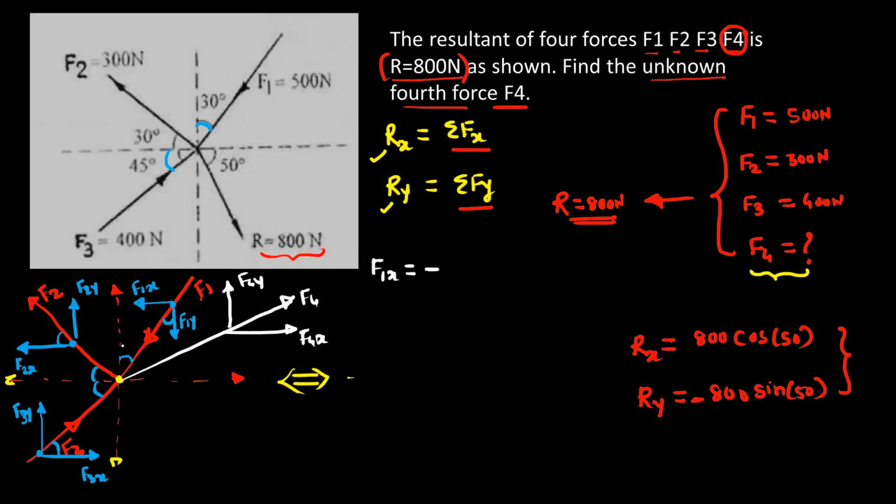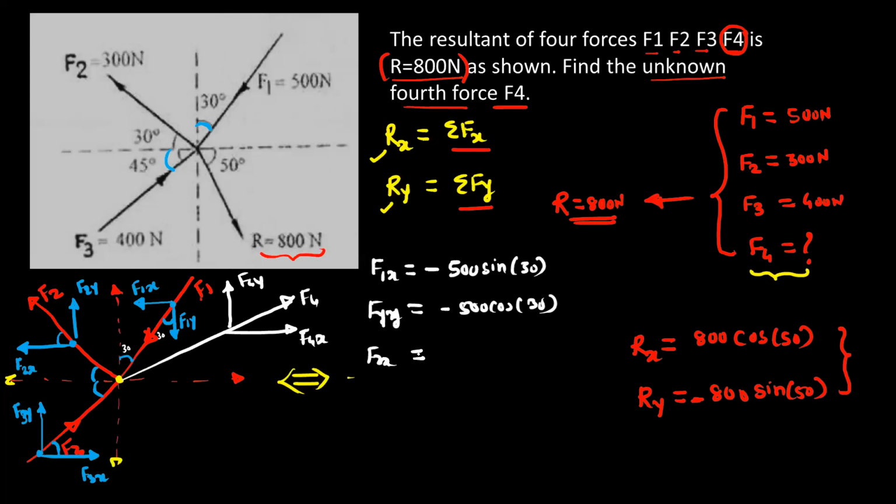Okay, this angle is 30 degree with respect to y-axis. So y component is adjacent to angle 30 degree. So x component is opposite. Okay, so F1x will be force F1, which is 500 sine, and angle is 30. Okay, why I have written sine 30? Because F1x is opposite to 30 degree. Okay, and F1y, this is equal to minus 500 cos 30. Observe the direction of F1y, it is towards negative y direction.